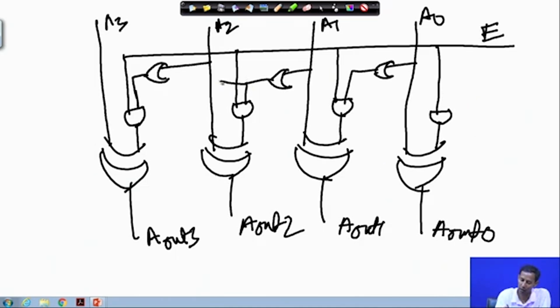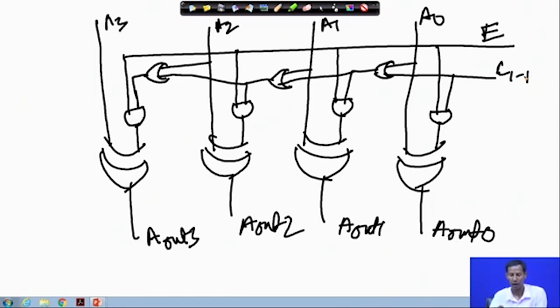The other input is this one, and for this it is C i minus 1. Okay. So, now I have calculated the carry out from the previous stage, and then I will AND it with E and get this in this fashion.